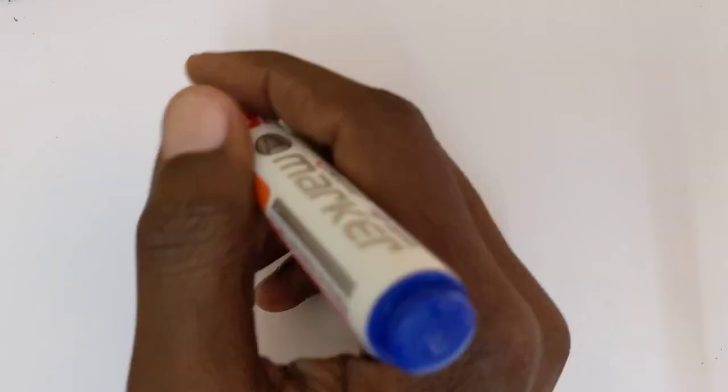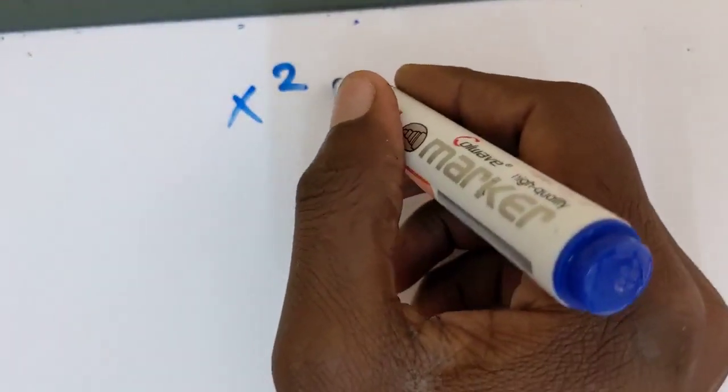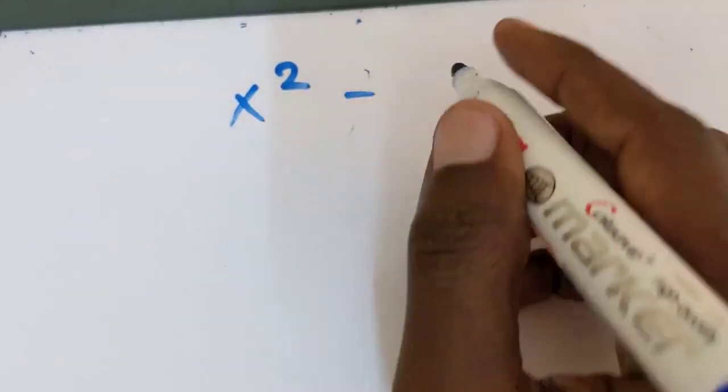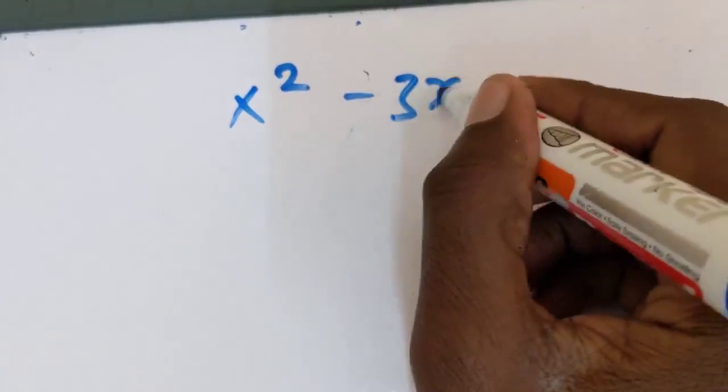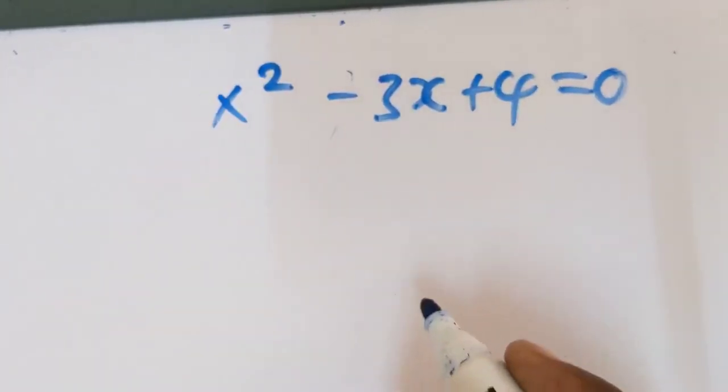The other question was concerned with that same question, which is x to the power 2 minus 3x plus 4 is equal to 0. This is it.